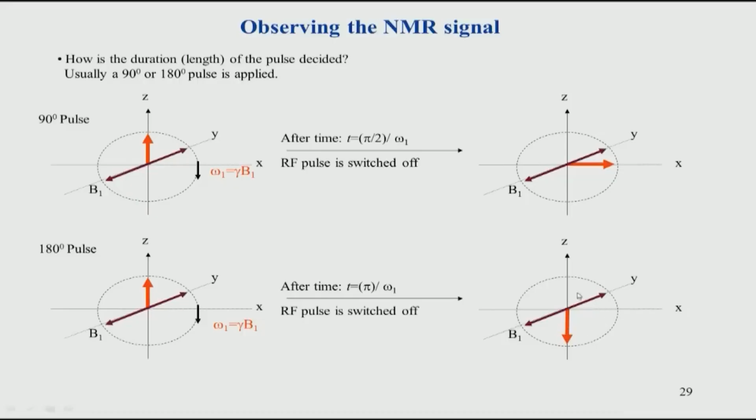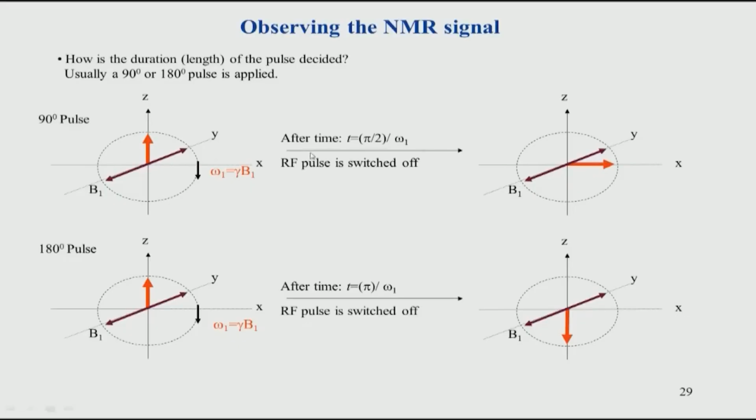So, in NMR 99% or 90% of the experiments essentially deal with either a 90 degree pulse or a 180 degree pulse. Very rarely you will see a different flip angle. So, this is called a flip angle. So, typically in the jargon or nomenclature of NMR, we use the word flip angle.